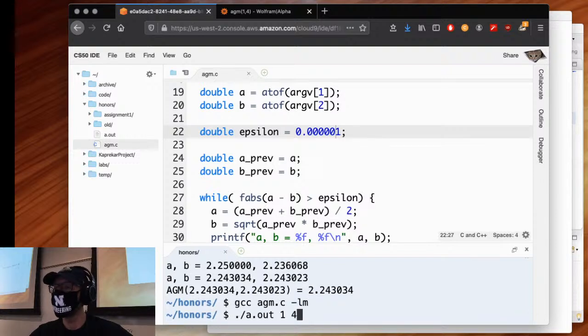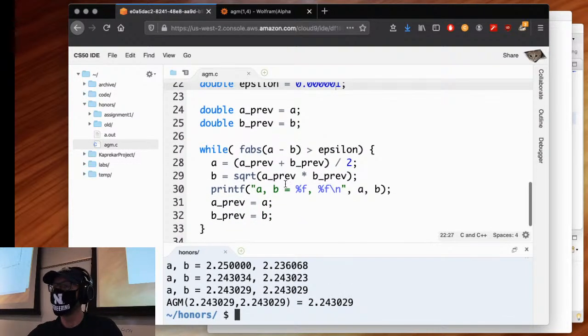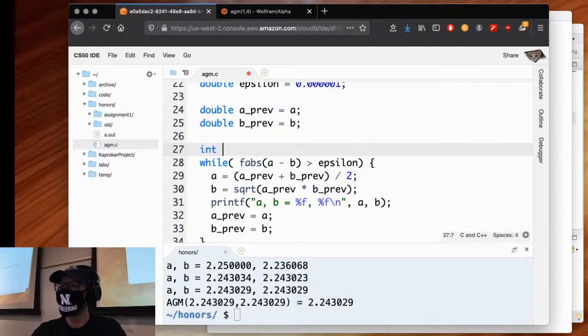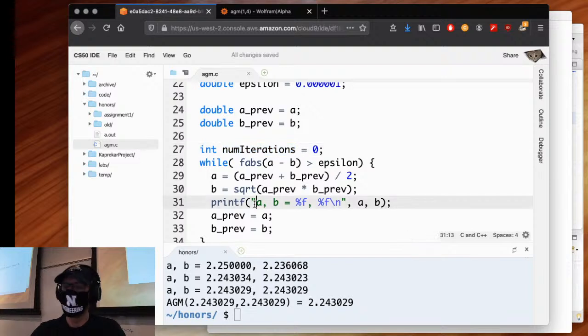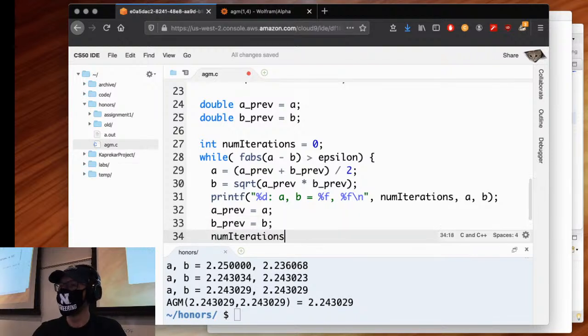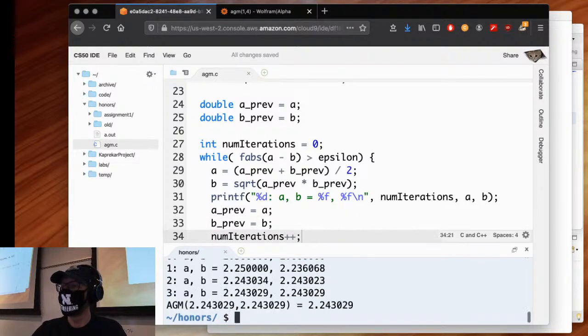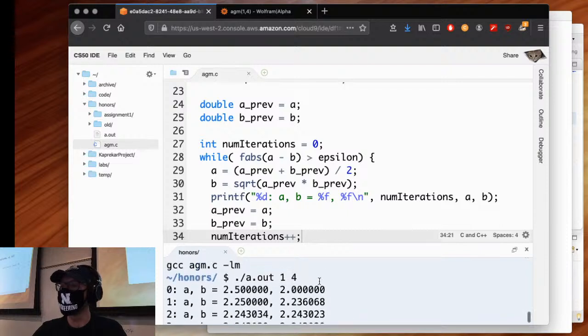Now let's count these up. Int num iterations is equal to 0, and then we'll print that as well. %d num iterations, and then we'll num iterations plus plus. It only took us 3 iterations there.